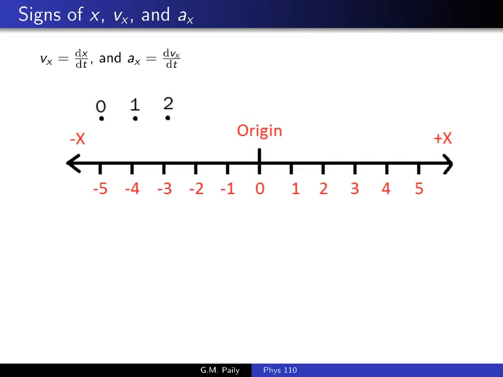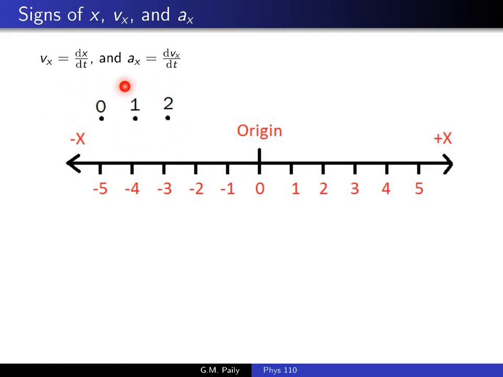What can we say about this motion? We can say that during all these times, the position is negative because it is on the left side of the origin. We can say that the velocity, however, is positive. Why? Because the velocity arrows are pointing to the right, that is, in the direction of the positive x-axis.